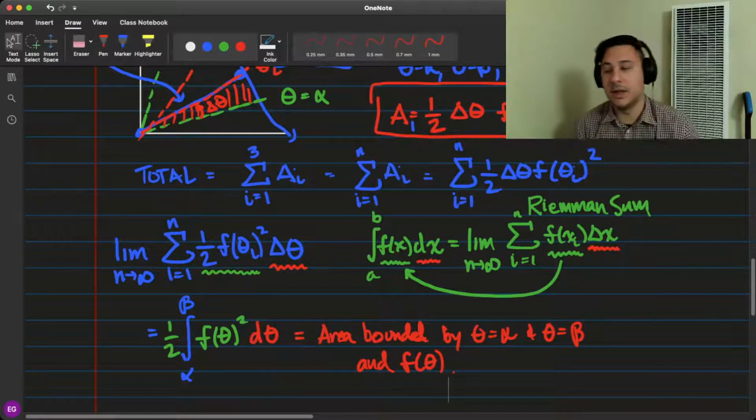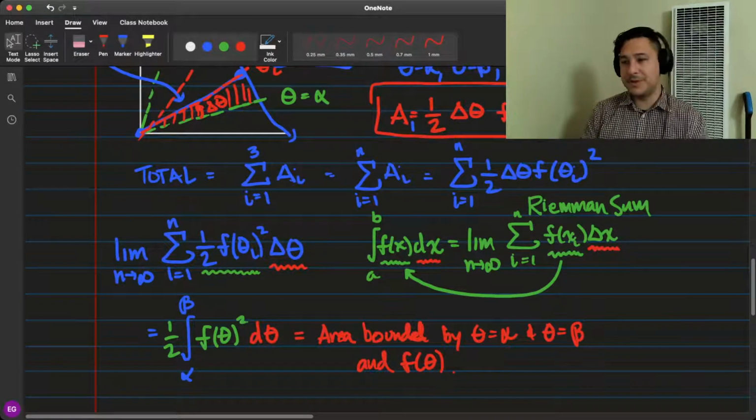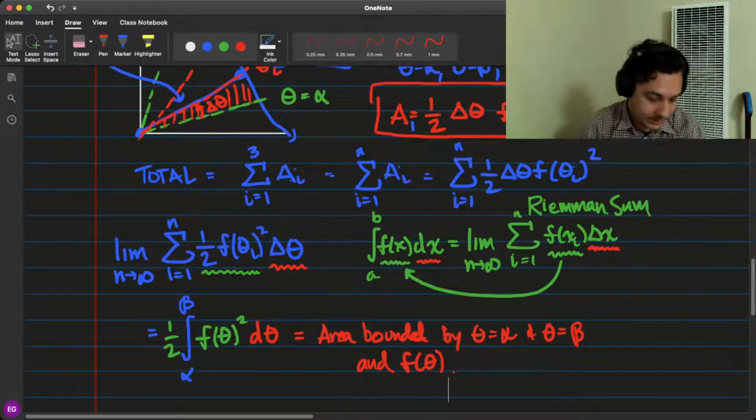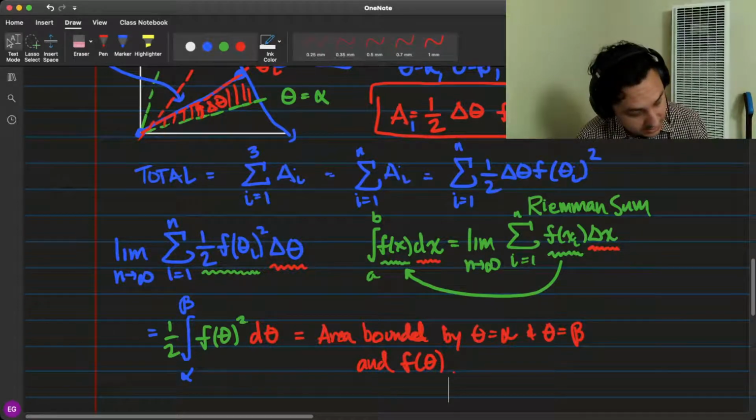Just like how the other one is the area bounded by x equals a, x equals b, and f of x. Bam! So you can't just integrate f of theta is the weird thing here. You have to have f of theta squared in the formula. That was a lot of work to show that, but it should help you understand why that's the case.